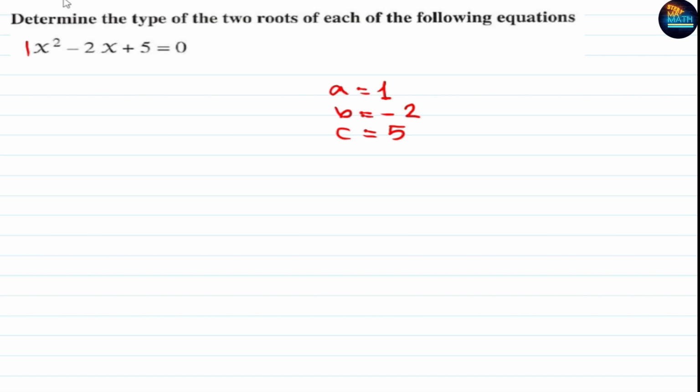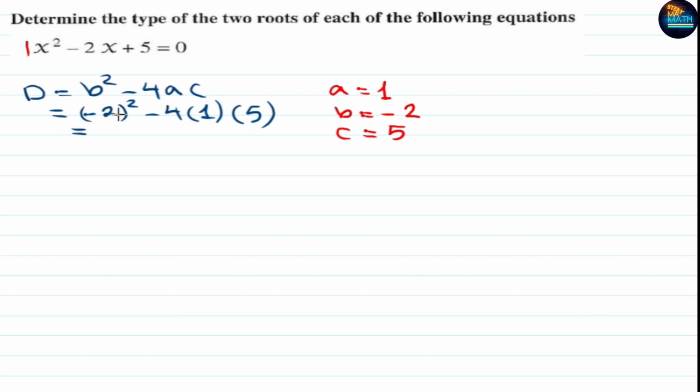The discriminant d is equal to b squared minus 4ac. Let's plug in all these values: b is negative 2, so negative 2 to the power of 2, minus 4 times a, which is 1, times c, which is 5.